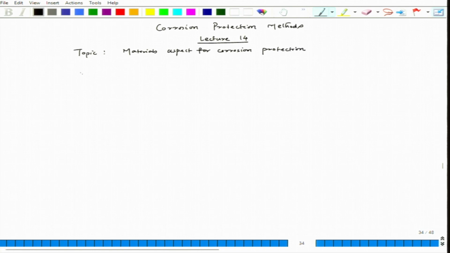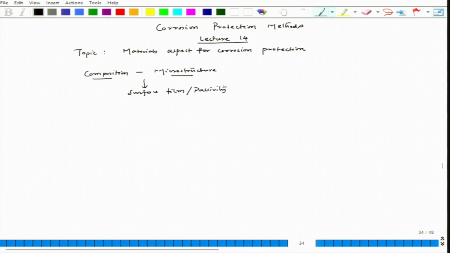So, if we talk about composition and, let us say, microstructure, and then finally the influence on surface film or the passivity.